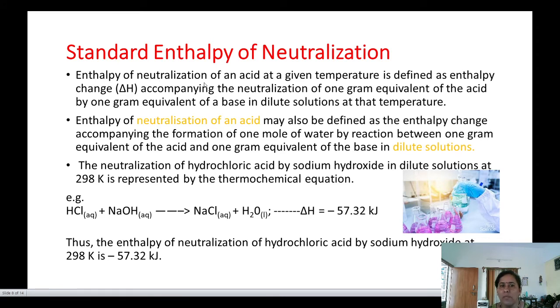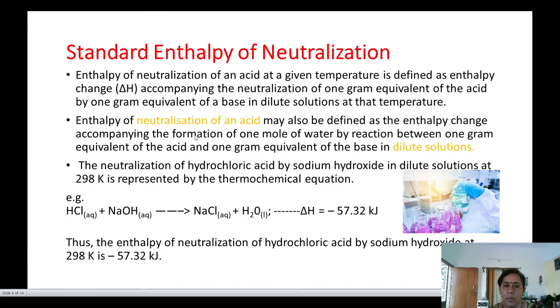The enthalpy of neutralization of an acid at a given temperature is defined as the enthalpy change accompanying the neutralization of 1 gram equivalent of an acid by 1 gram equivalent of a base, in dilute solution at that temperature.